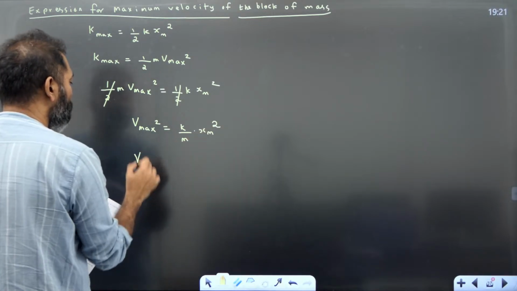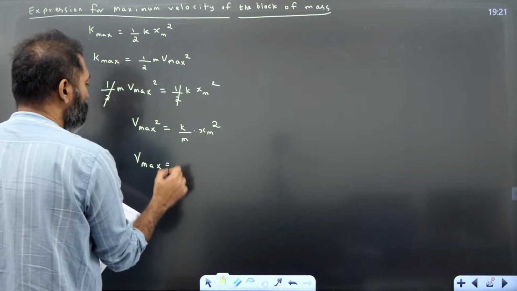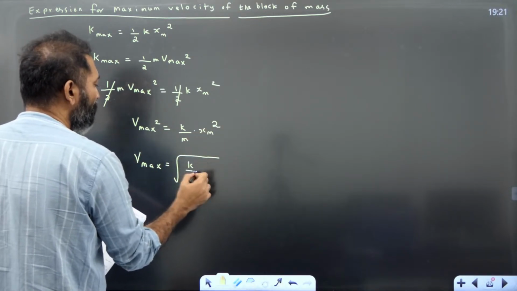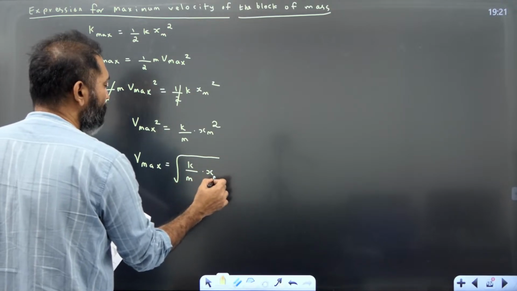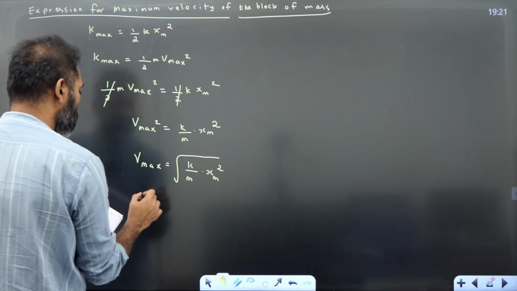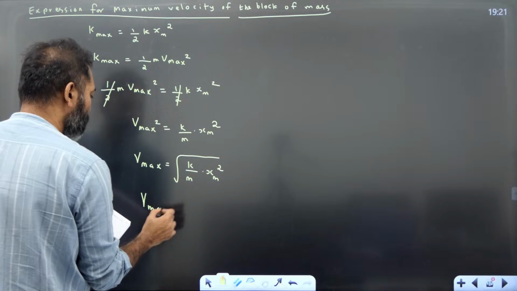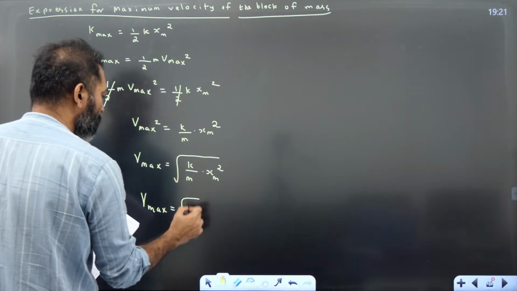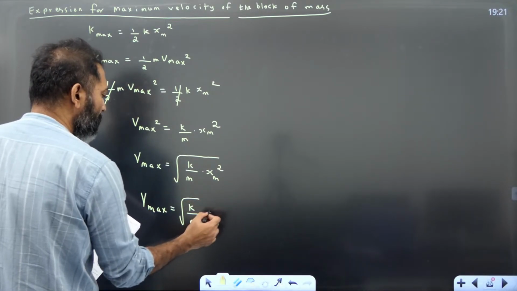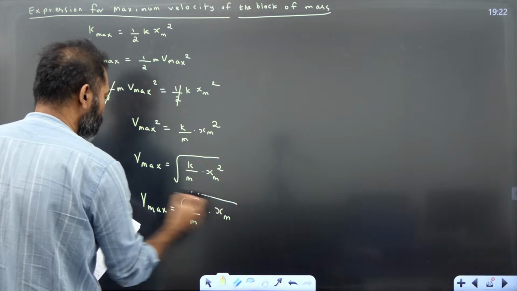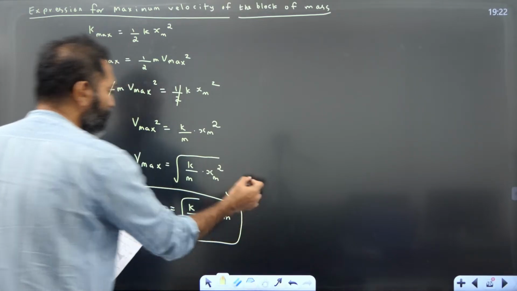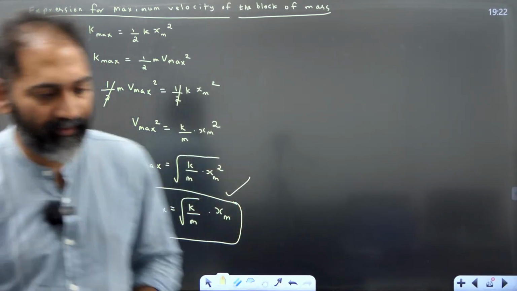So V max is root of K by m into x suffix m square, that means V max is equal to root K by m into x suffix m. This is the equation for maximum velocity.